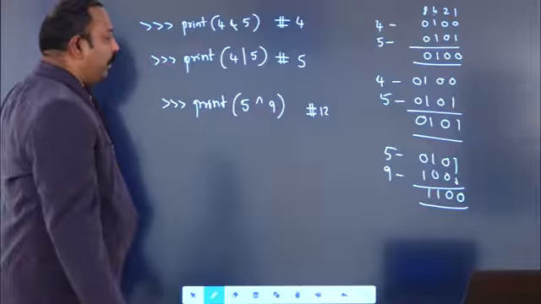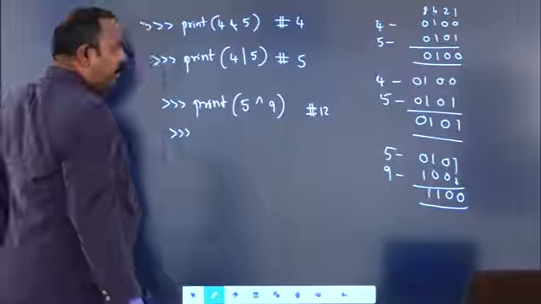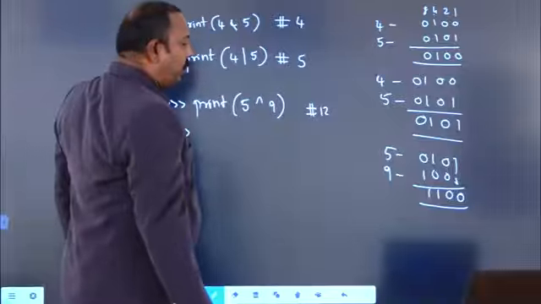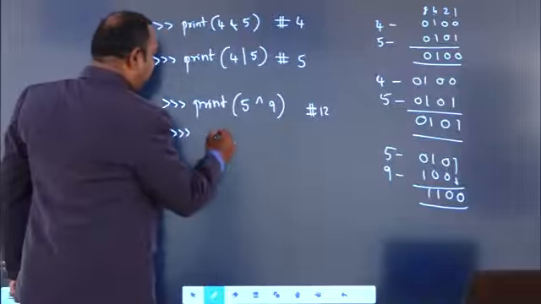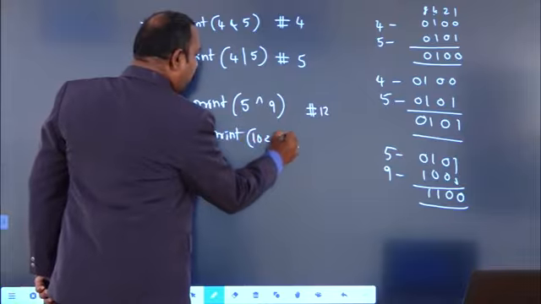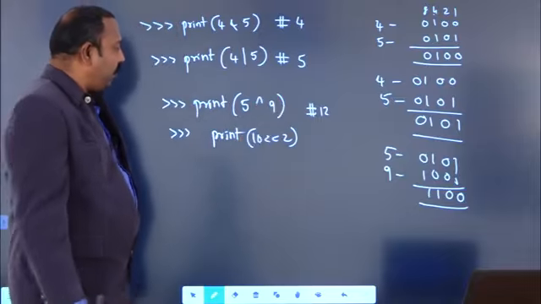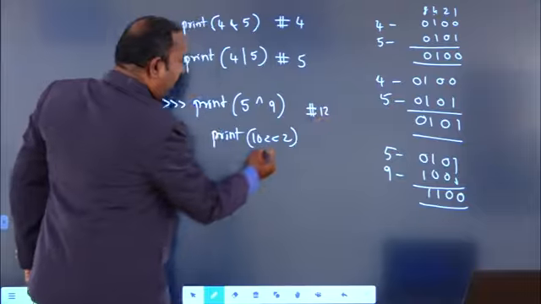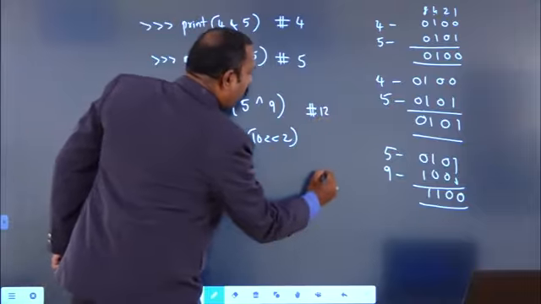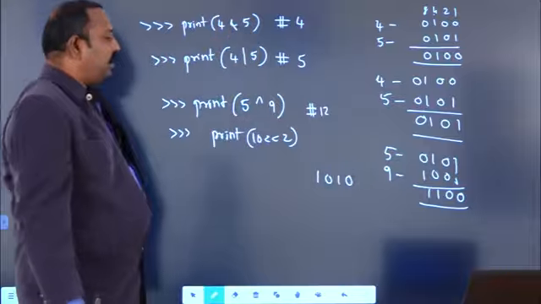And the next one is the left shift operator. So print 10 left shift 2. That means we have to take 10. What is the binary value of 10? It is 1 0 1 0. This is nothing but the binary representation of 10.